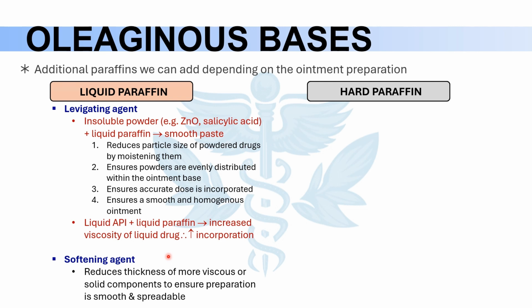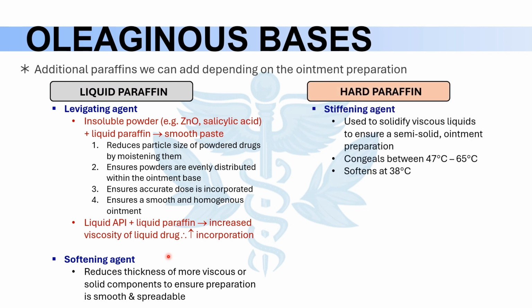So, now that we've finished talking about liquid paraffin, let's talk about hard paraffin. From its name, hard paraffin is used as a stiffening agent in the case that our drug is too fluid. It is congealed between 47 degrees Celsius and 65 degrees Celsius.